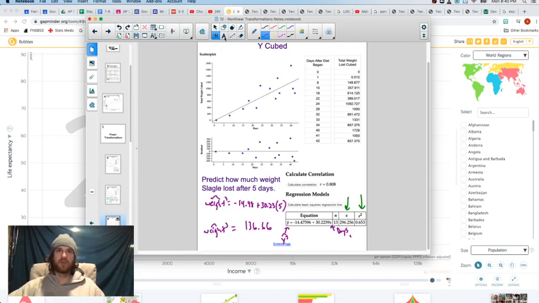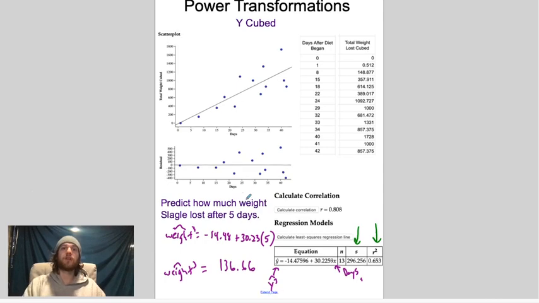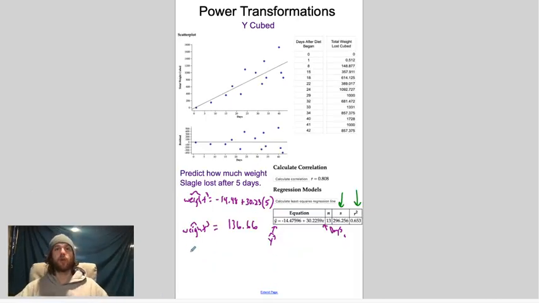So what we have to do now is take the cube root of both sides to get our predicted weight, predicted total weight loss. So when we take the cube root of both sides, you'll get that the predicted weight is 5.15 pounds. Okay, so comparable to our guess.